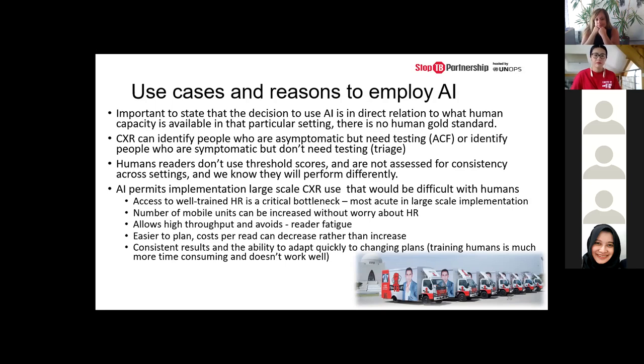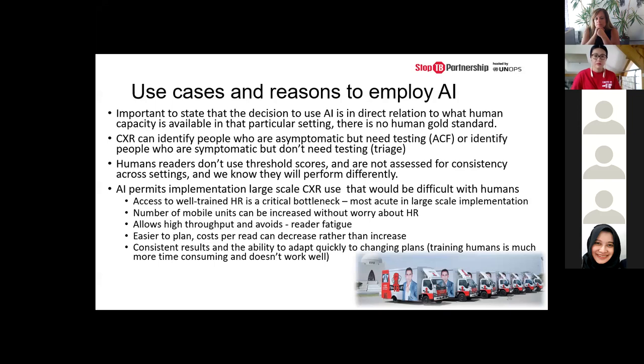And finally, as I will get to in a couple of slides, situations change in countries. In reality, we're not talking about research situations. We're talking about the fact that you may have access to lots of expert readers in July, and in August there can be a major shortage.